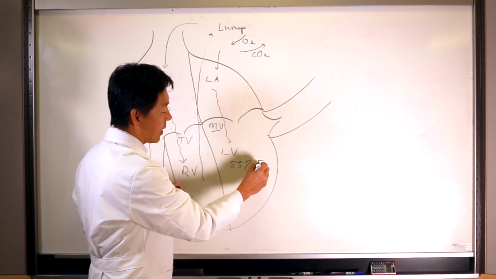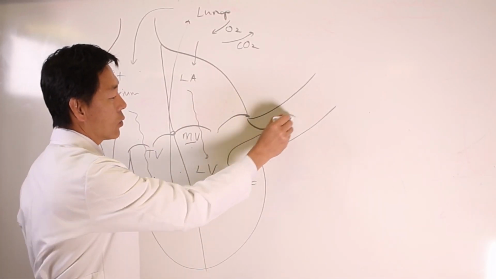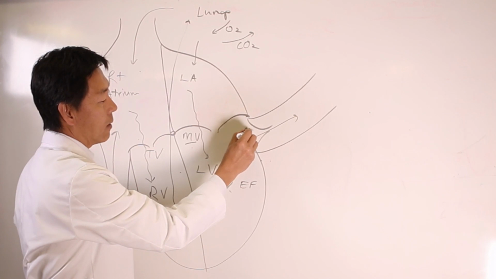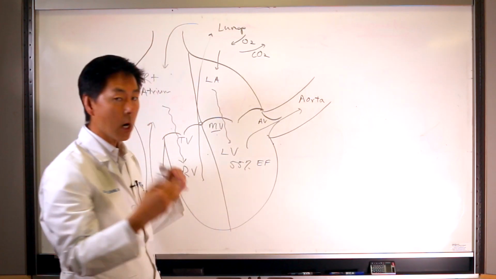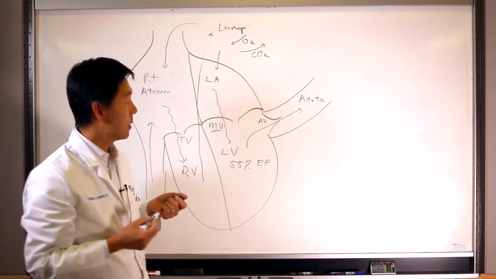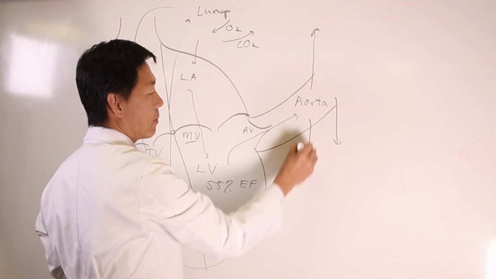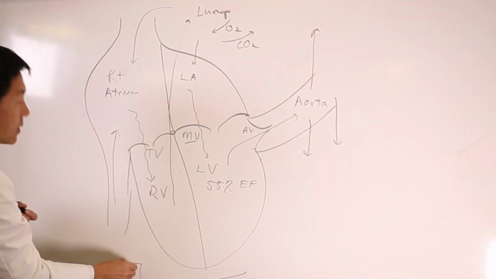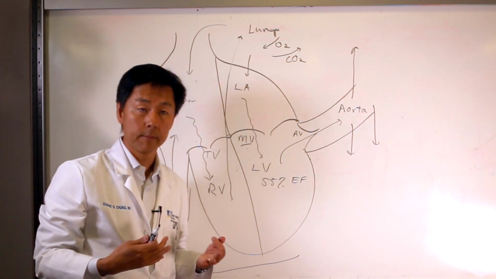That's called the ejection fraction. Now this blood is squeezed out through the aortic valve into the aorta, which is the main artery that goes down the middle of your body. Then this blood goes to the head and the different parts of the body, and the whole cycle starts again. That's what happens in a cardiac cycle.